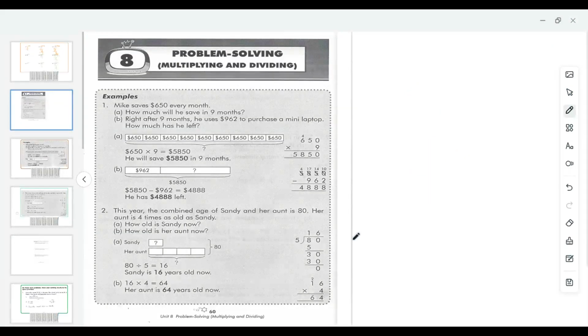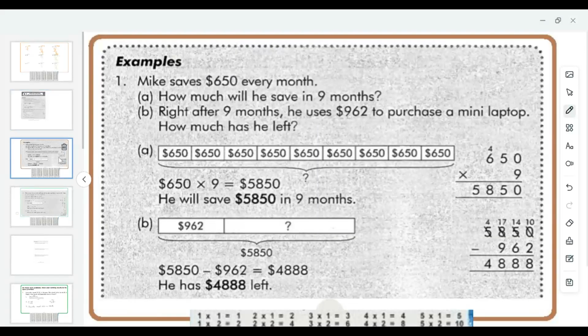Turn to page 60. Today we will learn problem solving. Problem solving. There are 2 examples. Let's have a look at one by one. First one. Okay, let's read it first. Mike saves $650 every month.